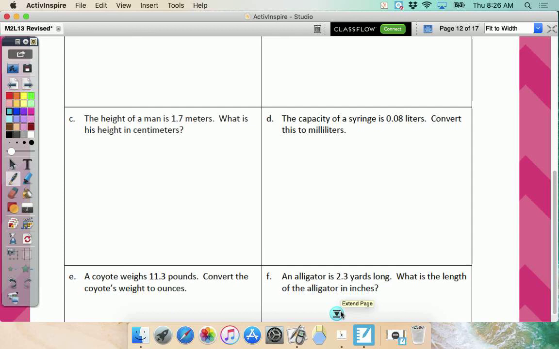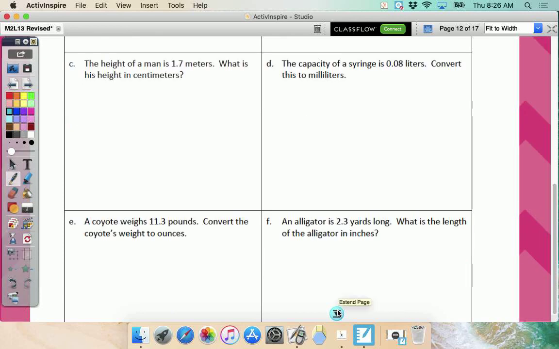It says the capacity of a syringe is 800 liters. Convert this to milliliters. So in the sentence, can you please underline the 2 measurements? Are you with me? Underline liters and milliliters.